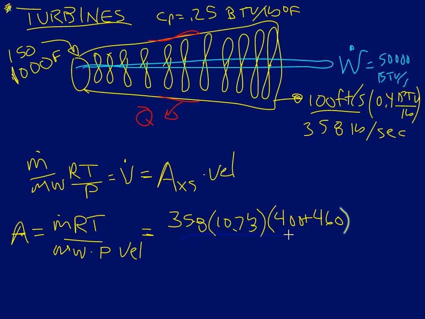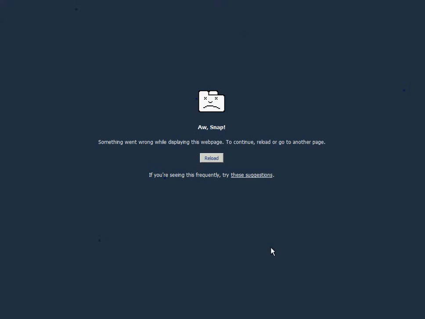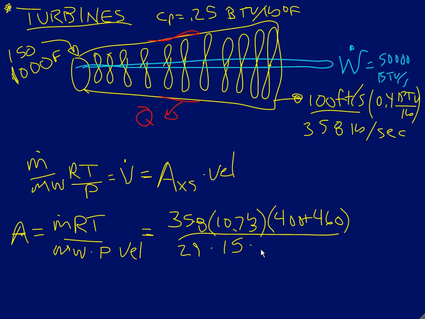Divide that through by the molecular weight, 29 for air, pounds per pound mole. P is 15 psi, and the velocity is 100 feet per second. All that comes out to a cross-sectional area of about 76 feet squared.